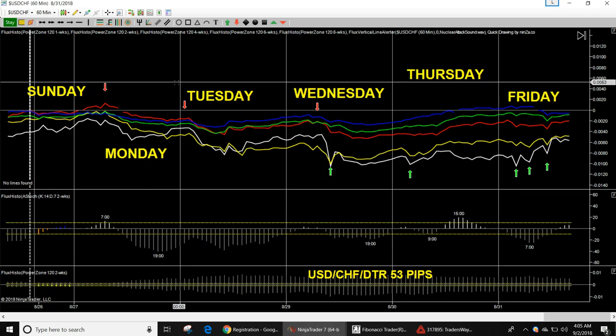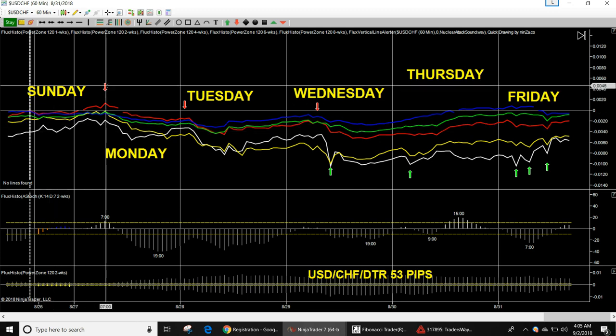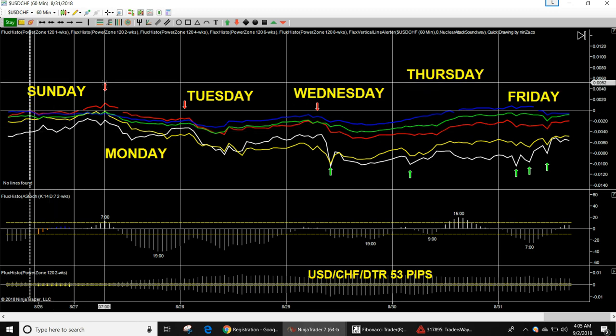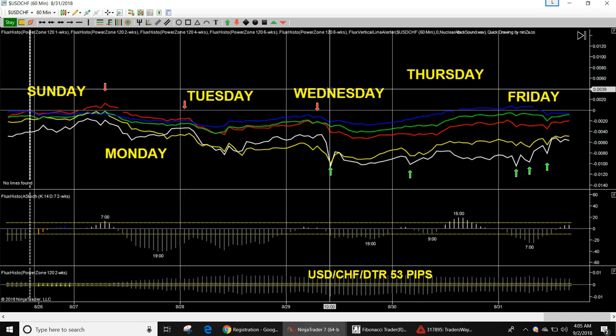Okay, next up is going to be US dollar Swiss franc. Looks like it's going to pull back here. Then we got a sell opportunity here at 7 a.m. on Monday. Another sell opportunity here at 1 a.m. on Tuesday.